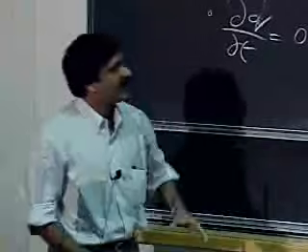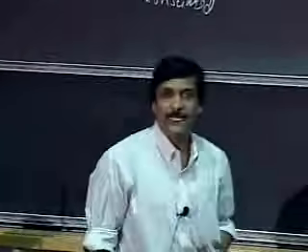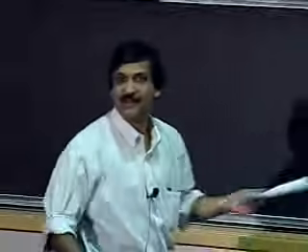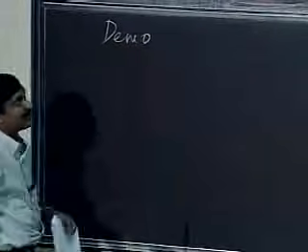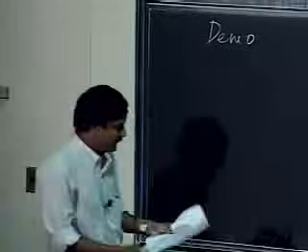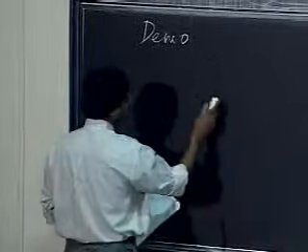So just to show you an example, let me do a little demonstration. Let me build a small circuit and measure some voltages for you and show you that the voltages indeed add up to 0. So here's my little circuit.